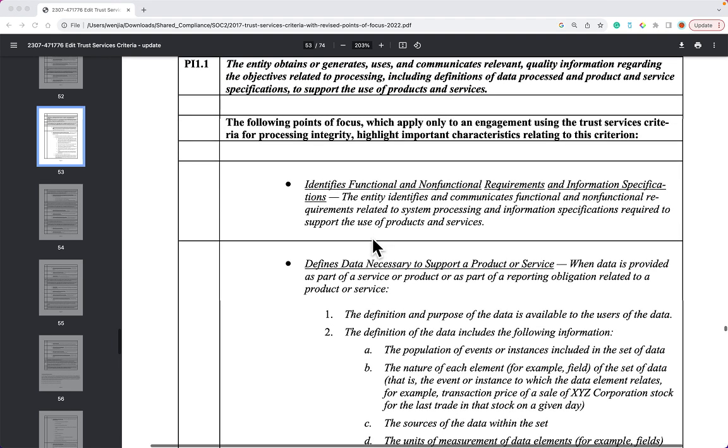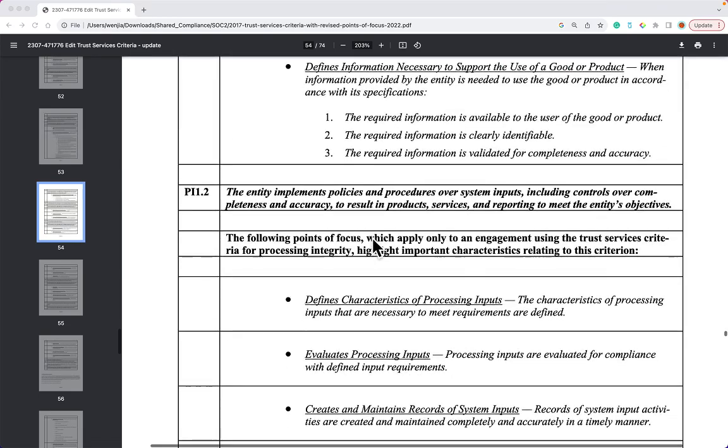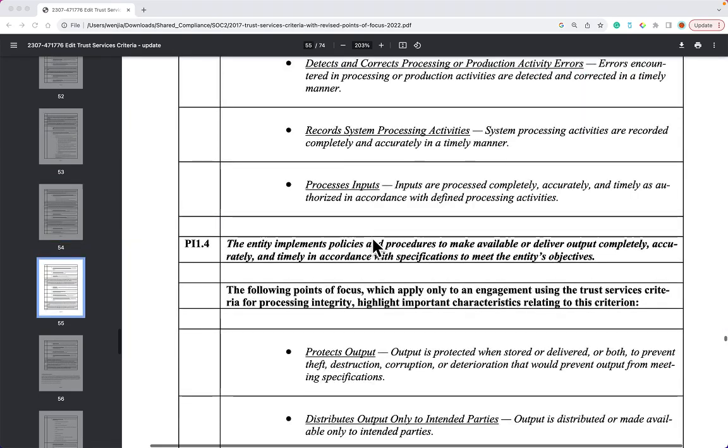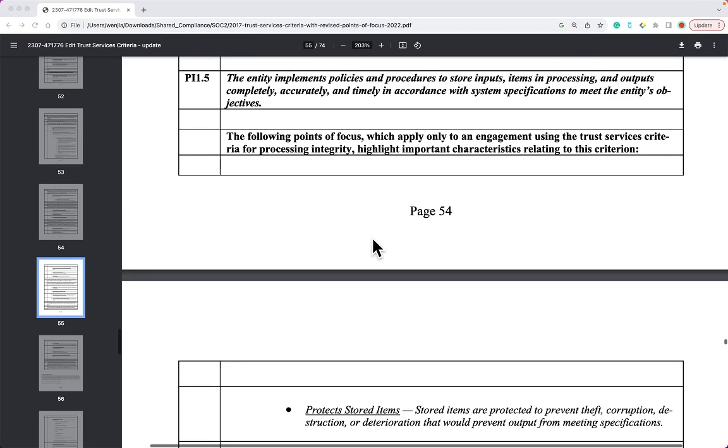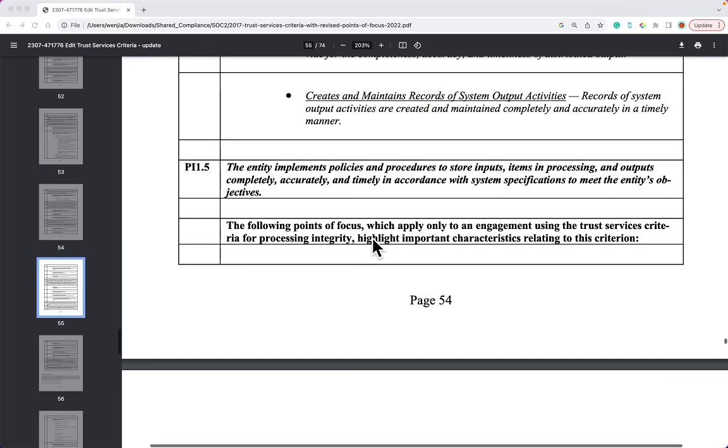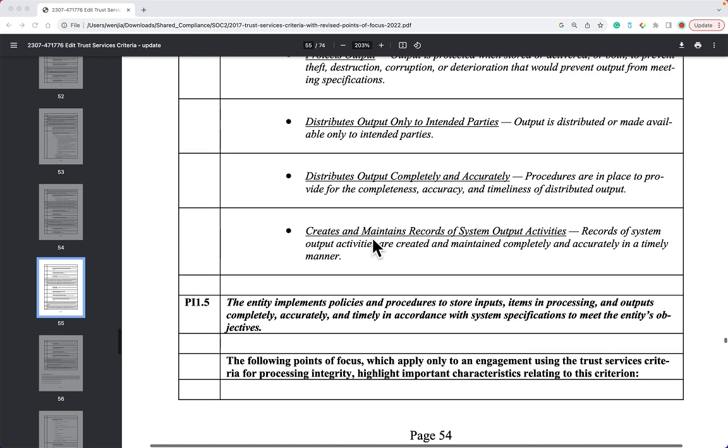All these principles, PI 1.1, 1.2, 1.3, 1.4, 1.5, are emphasizing there should be no errors in the whole processing, and if there are errors, they should be detected in a timely way and corrected.